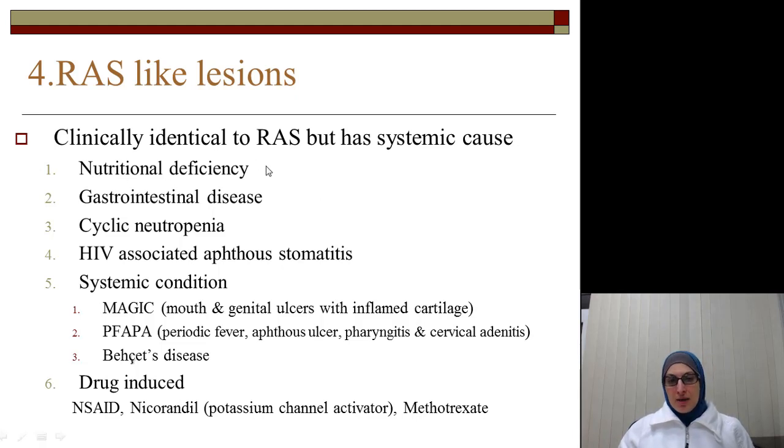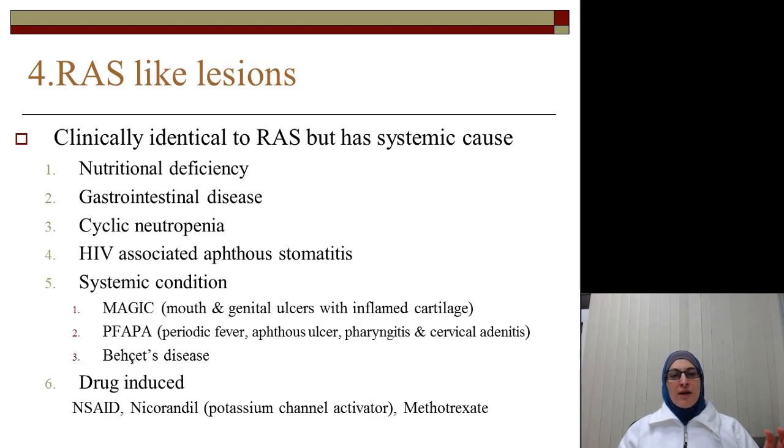So you need to rule this out, because sometimes patients with anemia or iron deficiency or B12 deficiency will develop oral ulcers. They look exactly similar to RAS. But the difference is that once you correct the deficiency, once you provide them with iron tablets or B12, the ulcers would disappear.